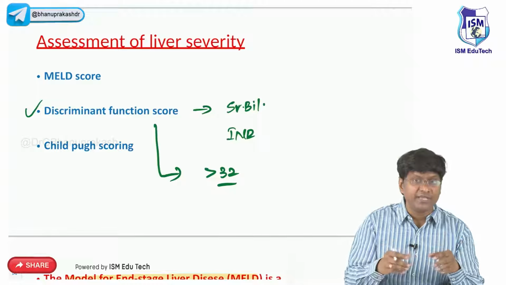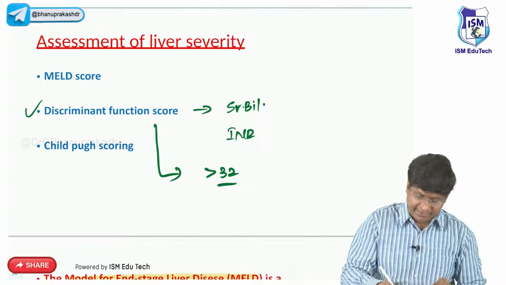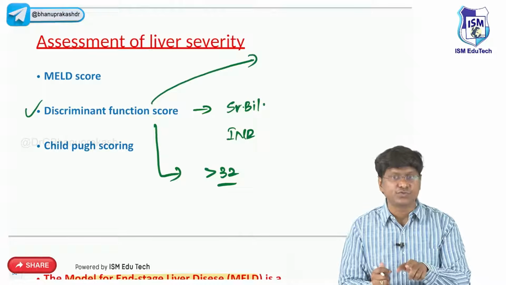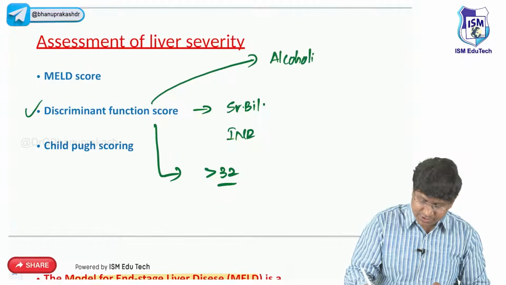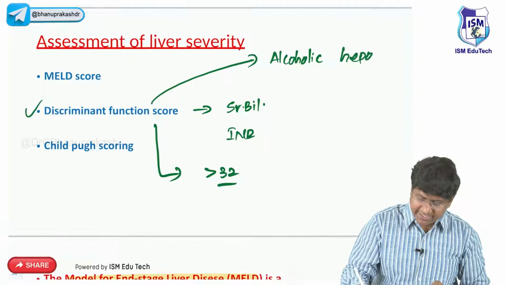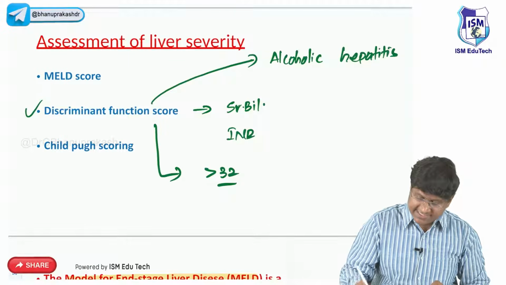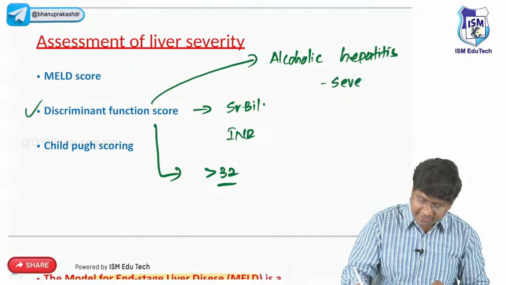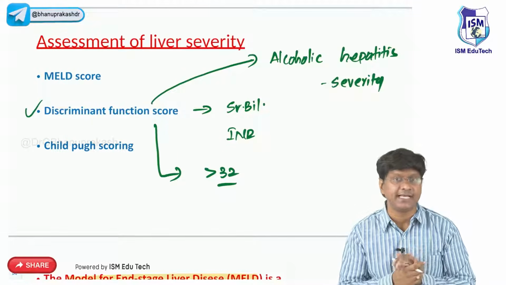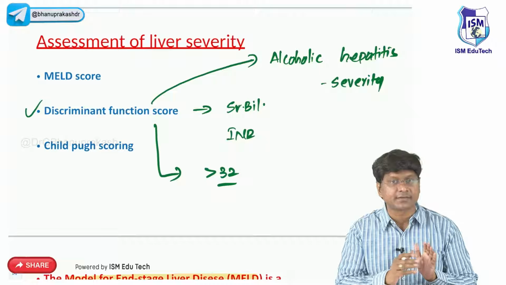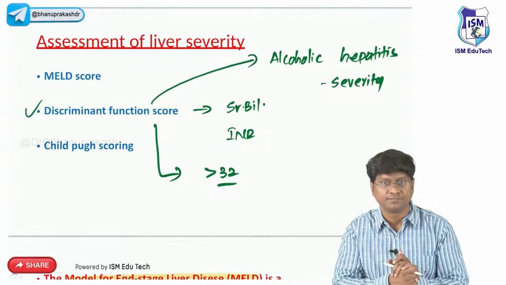first of all, in which scenario do we calculate this DF score? We calculate this DF score in patients with alcoholic hepatitis, right? In order to assess the severity of alcoholic hepatitis, we calculate this discriminant function score. Okay.